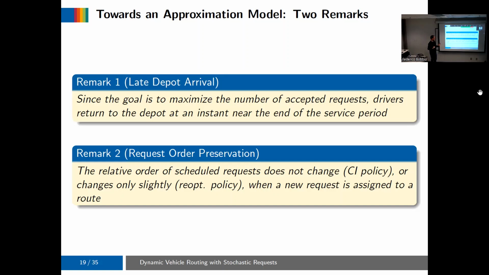But also when you use the reoptimization policy, when you solve this open TSP and reoptimize all the requests along that route, you observe that most of the time the relative order does not change, or it changes only slightly. Based on these two remarks, we try to capitalize on them to come up with a good approximation.